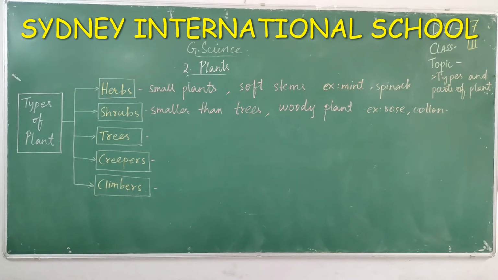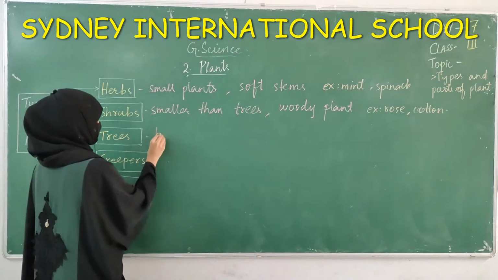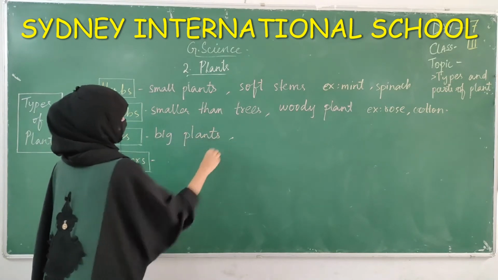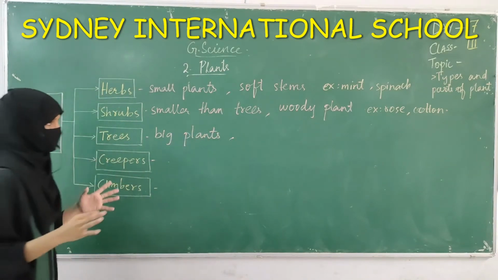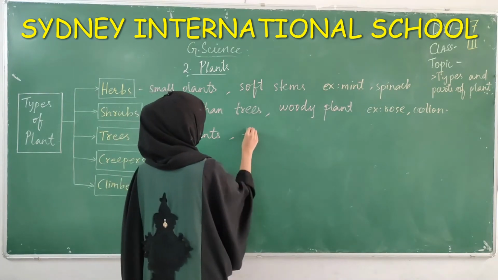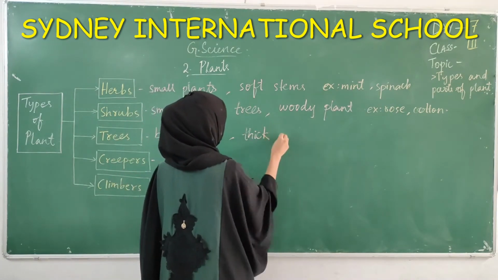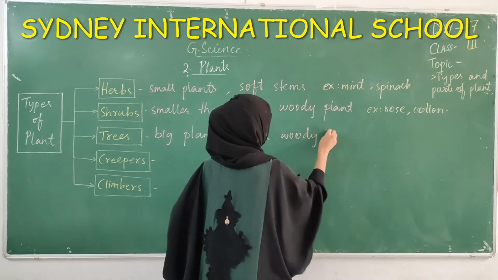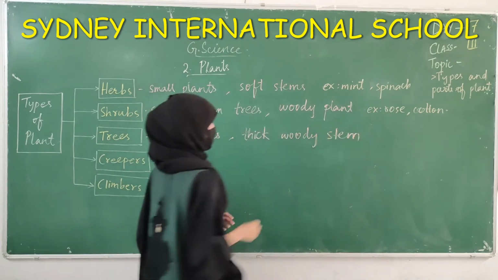Now, next is trees. Trees are big plants. They have thick woody stems again. Okay, now how is the stem? Thick woody stem.